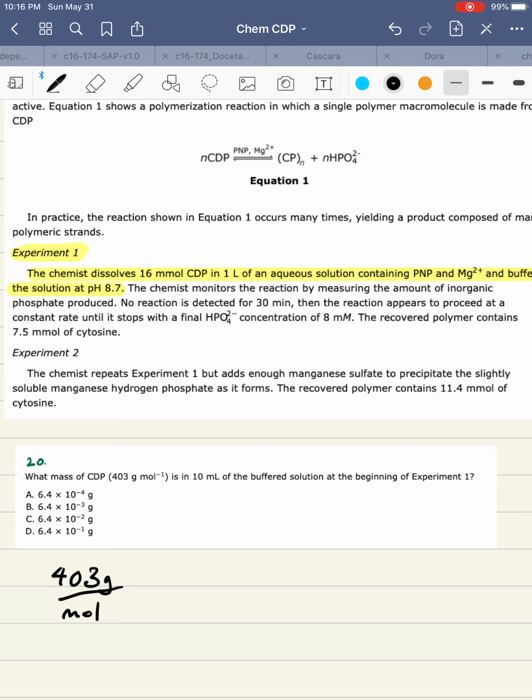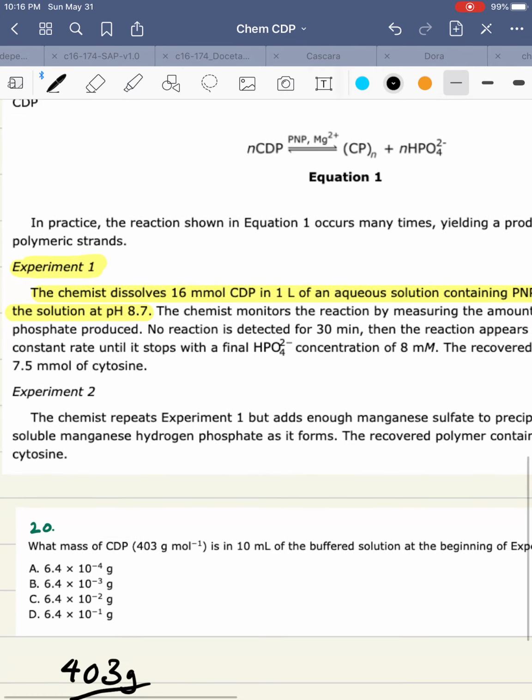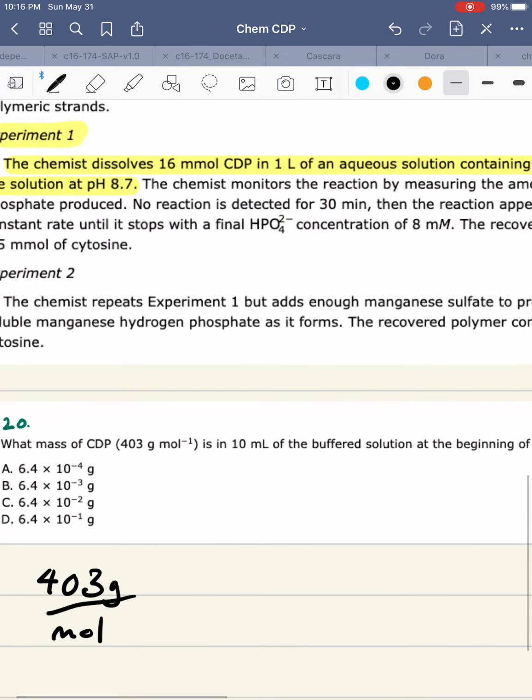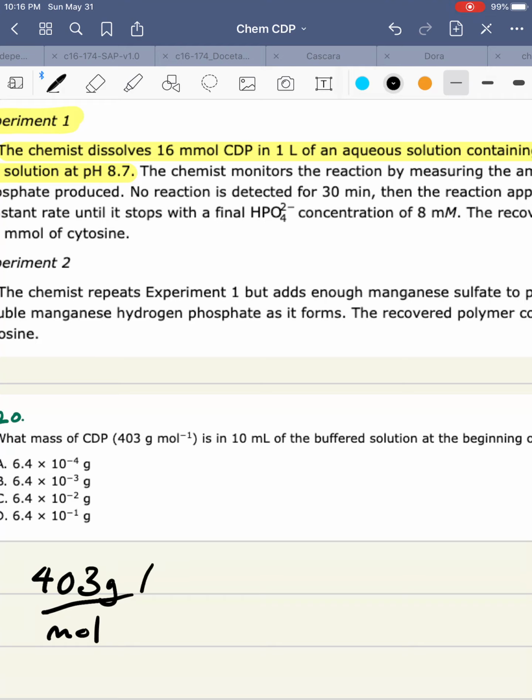Let's look at what we're given in the passage. We are given 16 millimoles of CDP in 1 liter of aqueous solution. So I'm just going to multiply this by 16 millimoles in 1 liter of solution. And why am I multiplying by 16 per millimole?